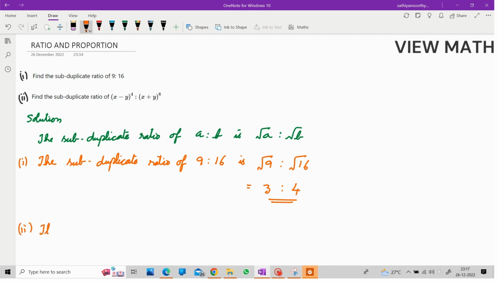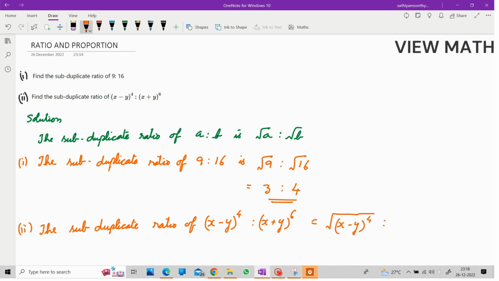The subduplicate ratio of x minus y the whole power 4 is to x plus y the whole power 6 is equal to square root of x minus y the whole power 4 is to square root of x plus y the whole power 6.